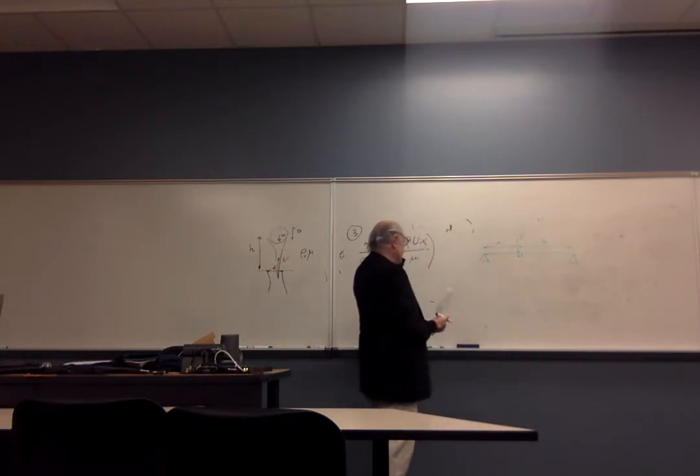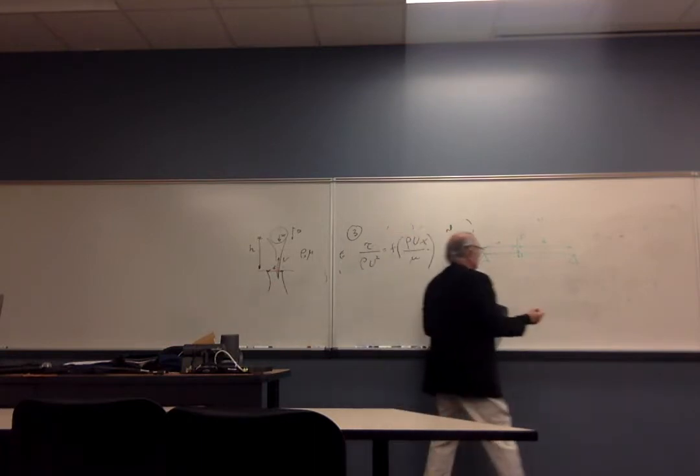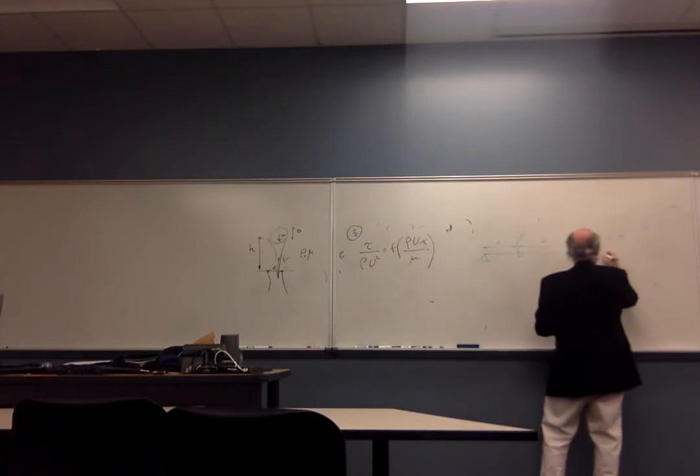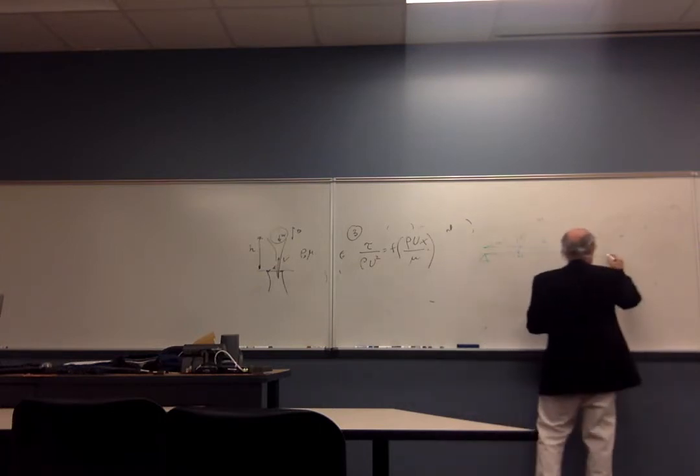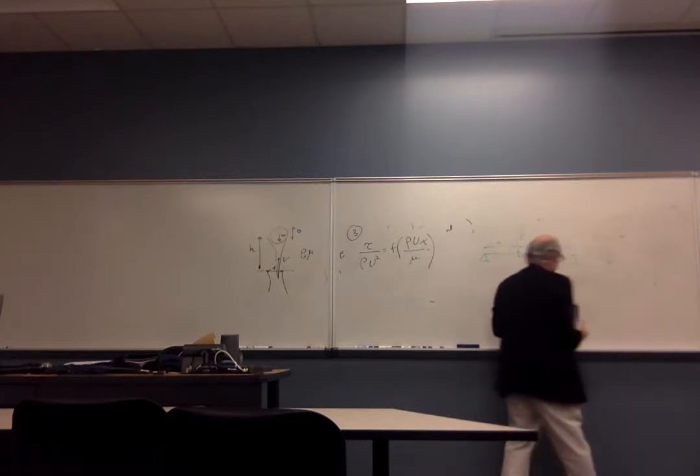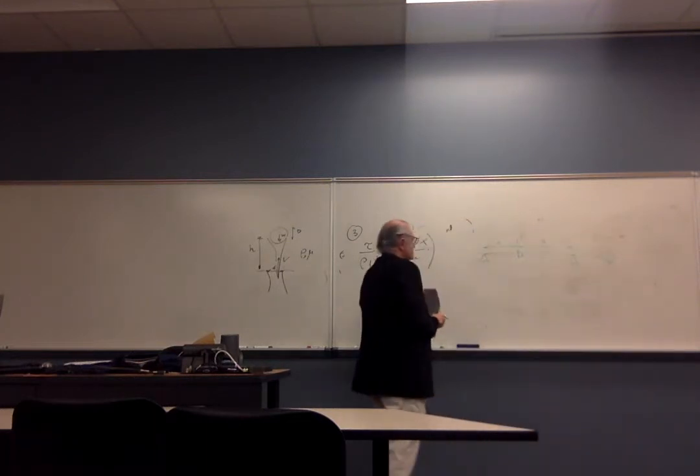Let's assume that the beam has a rectangular cross-section. Can't call it B, sorry. Call it X and Y. So the beam, let's say it's a steel beam, and there's the cross-section.